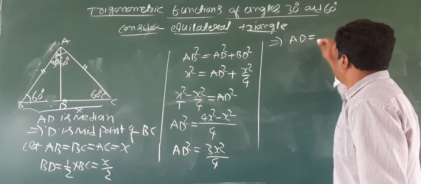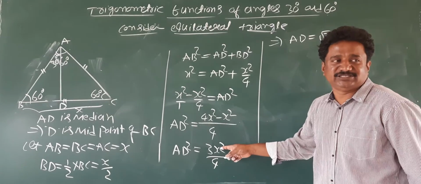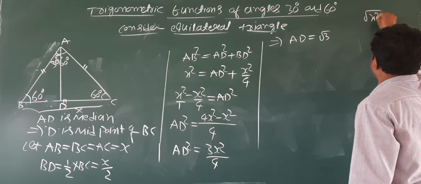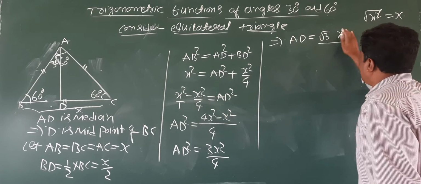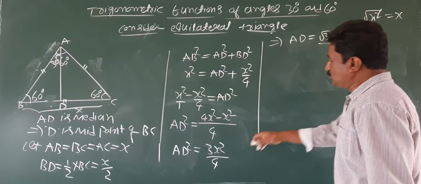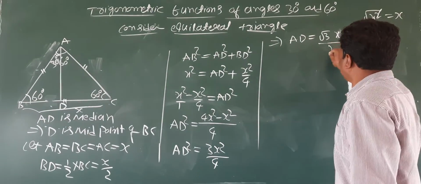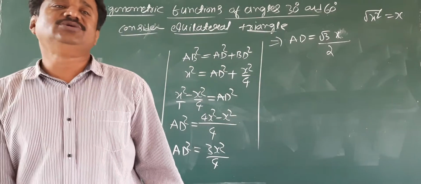Root of x square is x. Root of 4, how much is root 4? 2. So we got AD length.